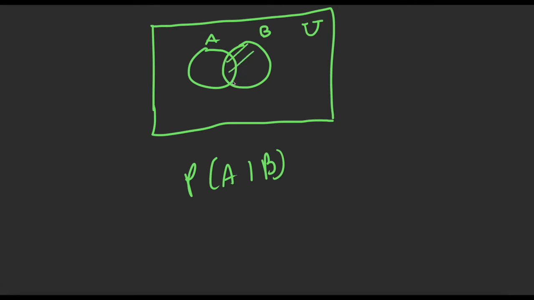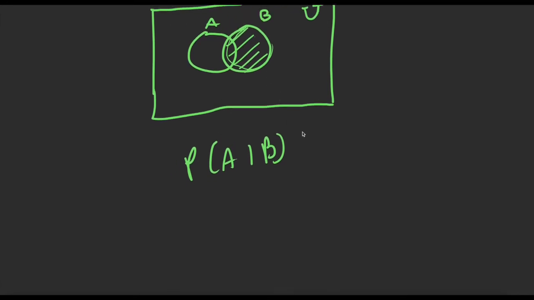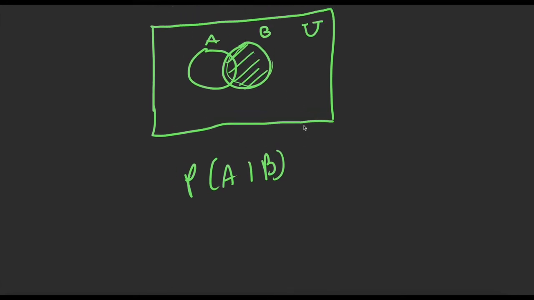Now you know that the final outcome is inside set B. So you know that B has occurred, and you need to find the probability that A will occur. If B has occurred, this part of A is not going to occur because that part is not inside B. This is sounding a little complicated, but try to keep up.